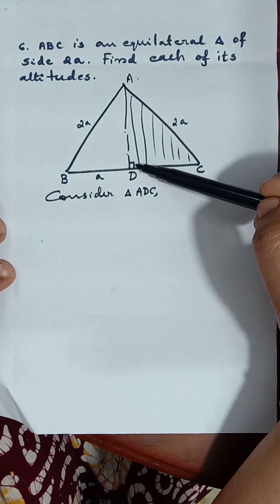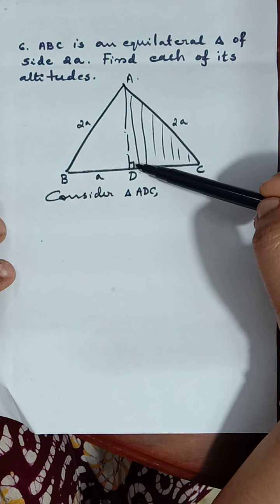So, consider triangle ADC. It is a right triangle. Using Pythagoras theorem, the AD we have to find out.